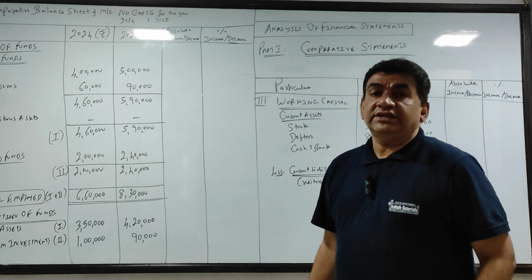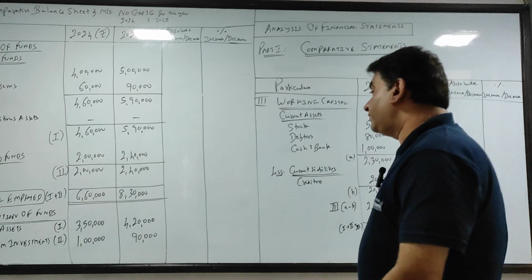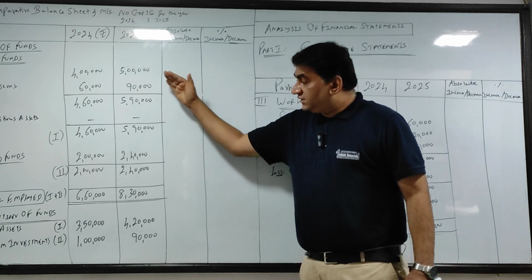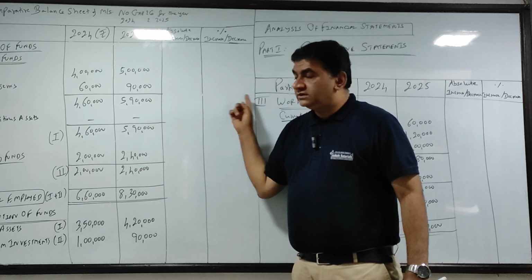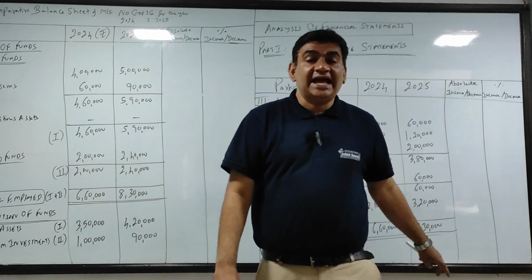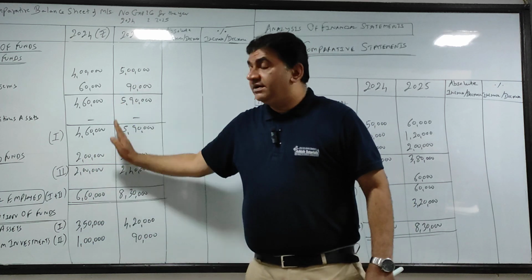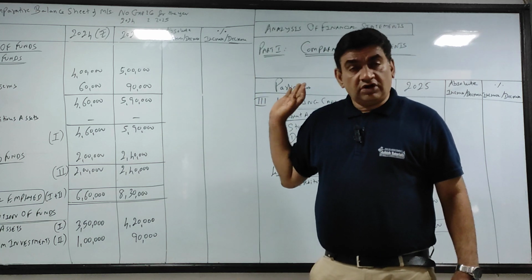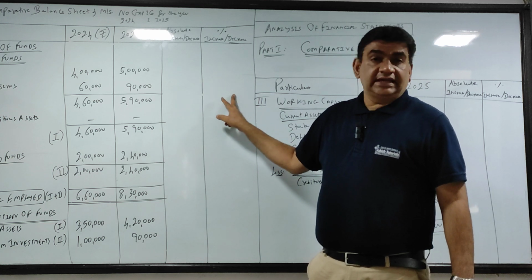Before we touch these two columns, as I told you, first convert the balance. Getting it? I could have done the calculation simultaneously, but what happens? You find a mistake, the balance sheet is not tallying, wherever you made the mistake, again you have to redo. So first tally the balance sheet and then do these two columns. Got it guys? And now we will see what is to be done here.